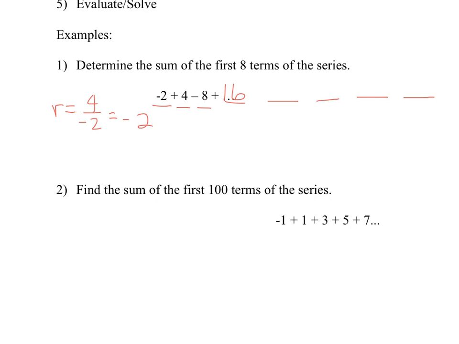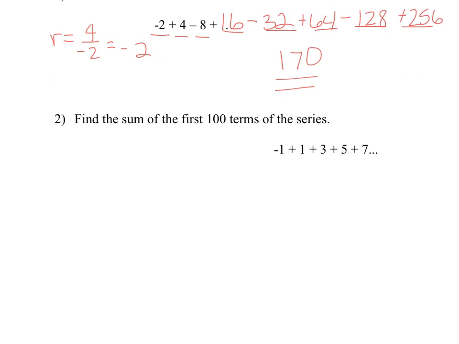So -8 times -2 is 16. 16 times -2 is -32. And then 64, -128, and 256. Okay, and then I just add them all together, and when I add those together, I get 170. Okay, and so you can do it that way, and that way is perfectly acceptable.